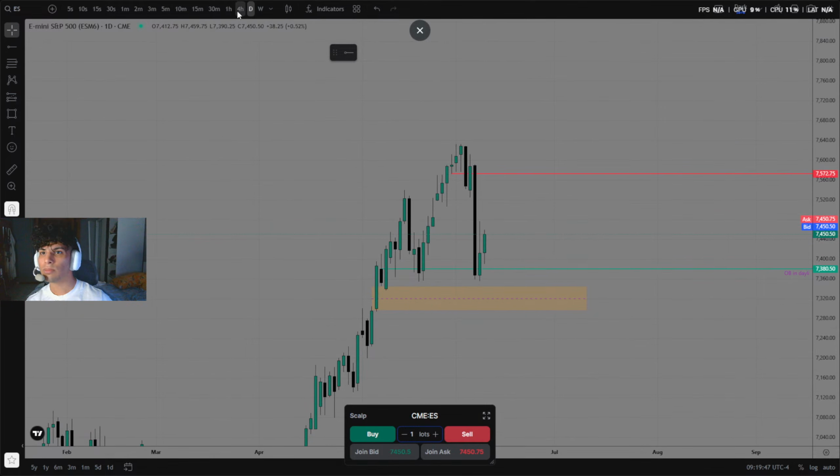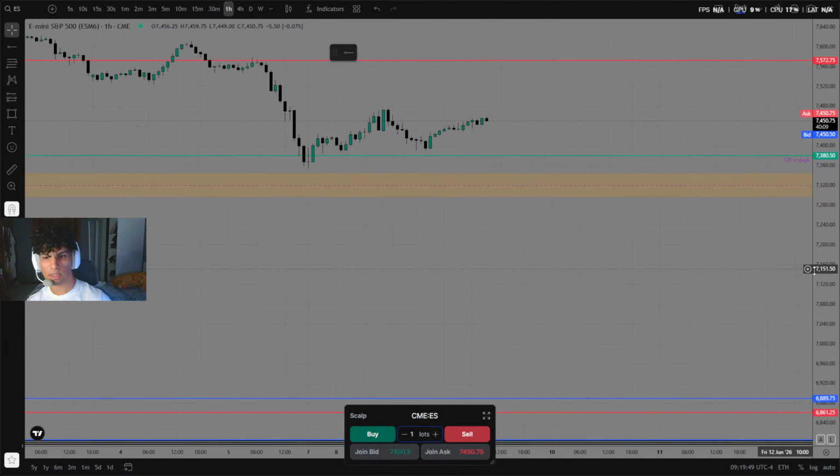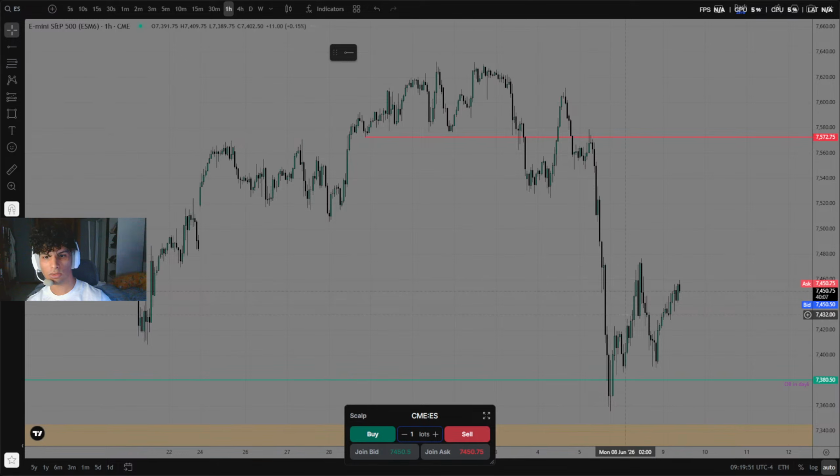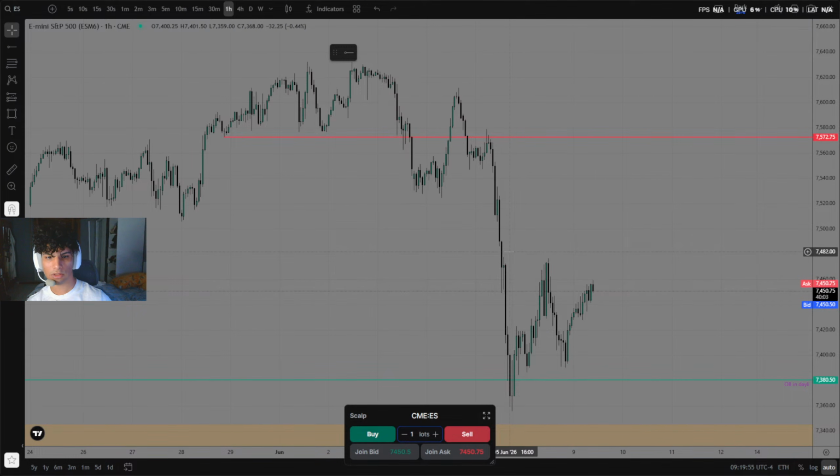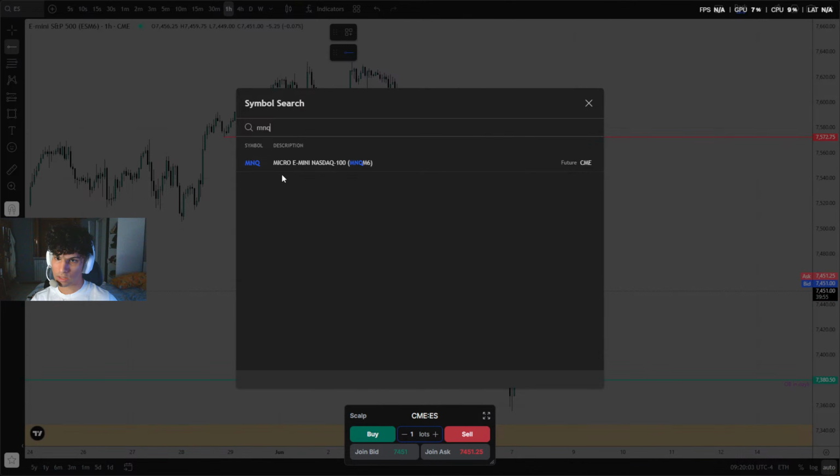So by that being said, you have relative equal highs, so 1 and 1 here, and Nasdaq already took this high.